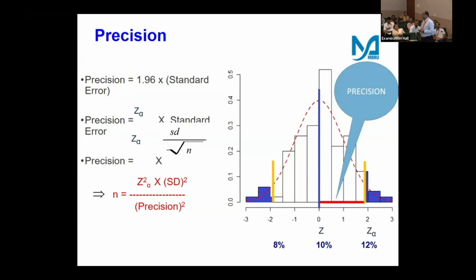How do you decide precision? Say, for example, the prevalence of spousal violence, in a big study where we studied 10,000 women in India to study spousal abuse.